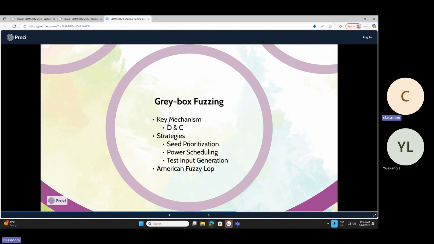And the key mechanism is divide and conquer because we can collect feedback. So we know which test case is kind of better, right? For example, when we do coverage guided fuzzing, the test cases that can bring us new coverage could be considered as the good ones, right?